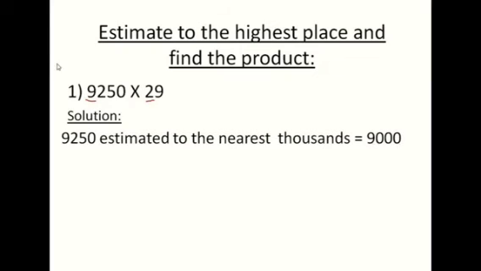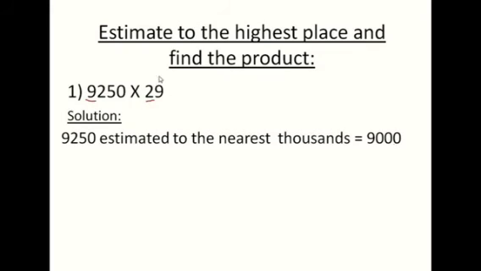How it became? Because we have to check highest place 1000 and the previous place is 100. In the 100 place, it is 2. 2 is less than 5. So what will happen? We have to place zeros here in 100, tens and units, and 9 will be unchanged. So 9 along with 3 zeros will give you 9000.